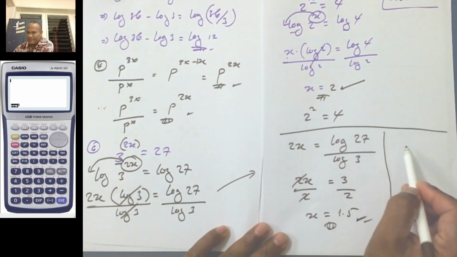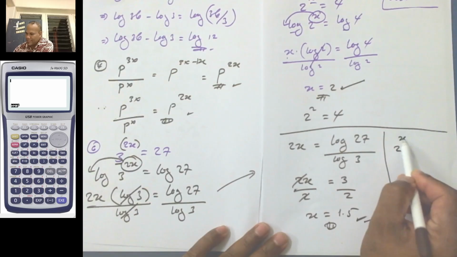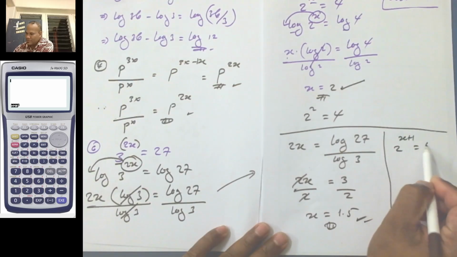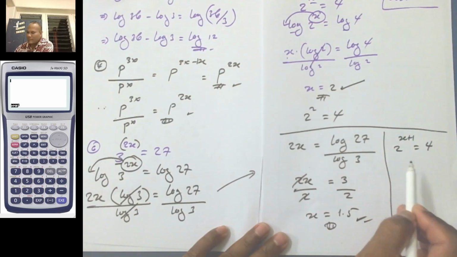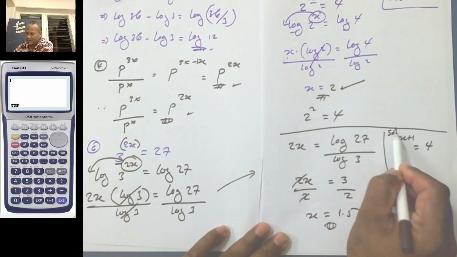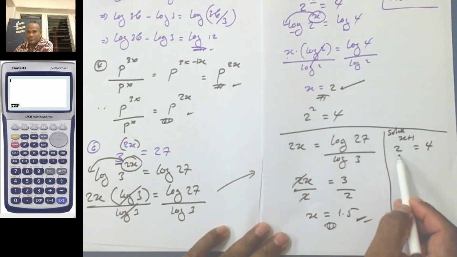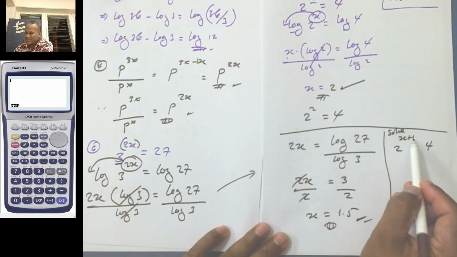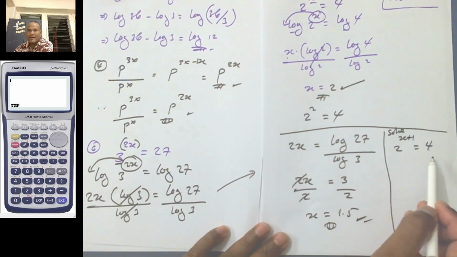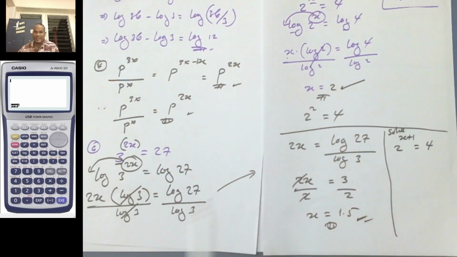Let's say we have 2 to the power of x plus 1 equals 4. Solve for x. I give you 2 minutes. Try that out.